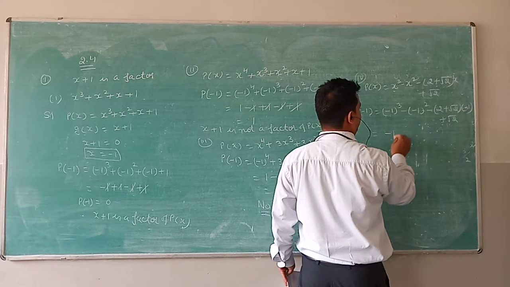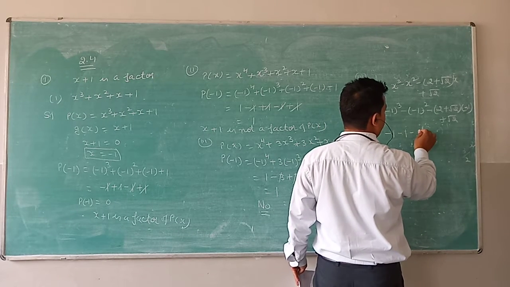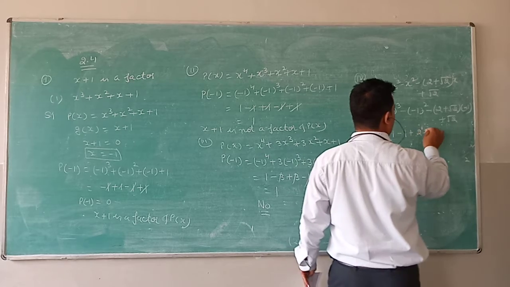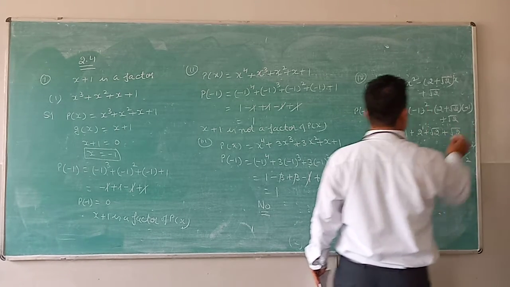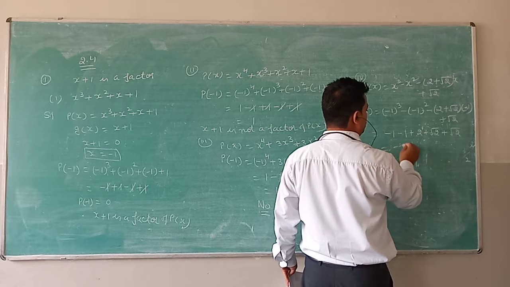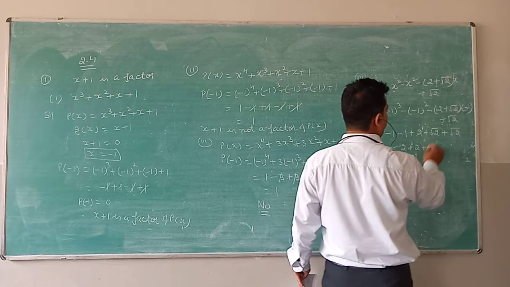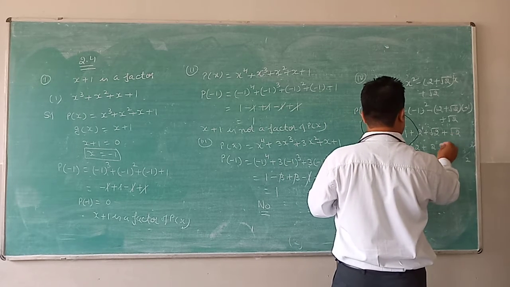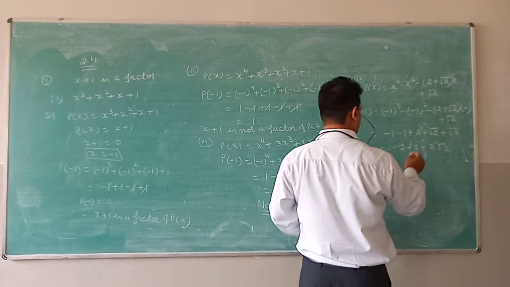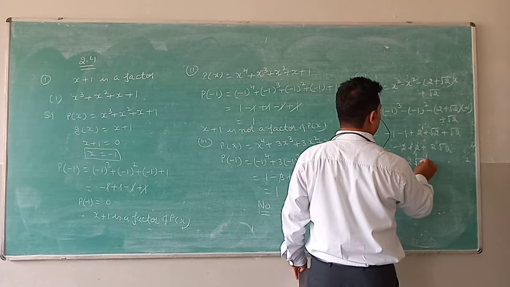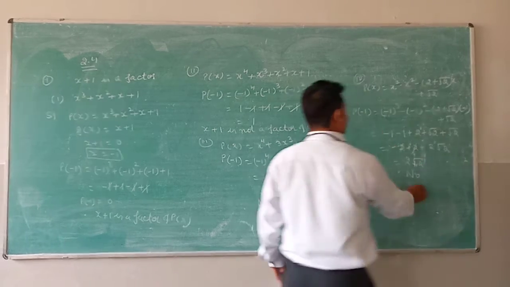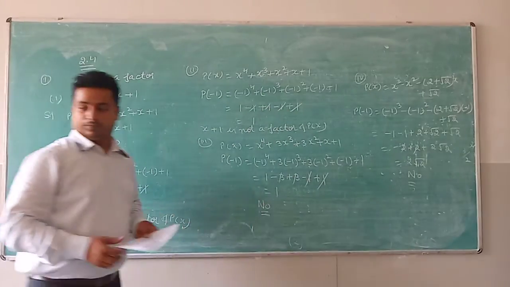This is negative 1, this is again 1, this is plus 2 plus under root 2, this is root 2. When we add, this is 2 under root 2. So these terms are cancelled and the remainder is 2 root 2. Again, it's not a factor.